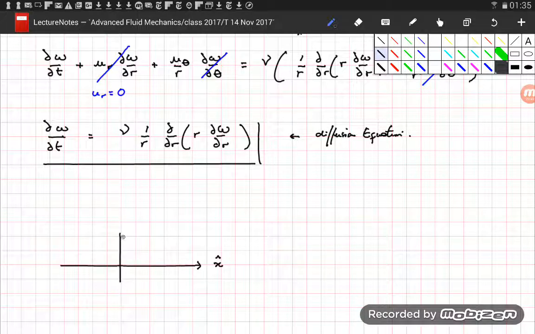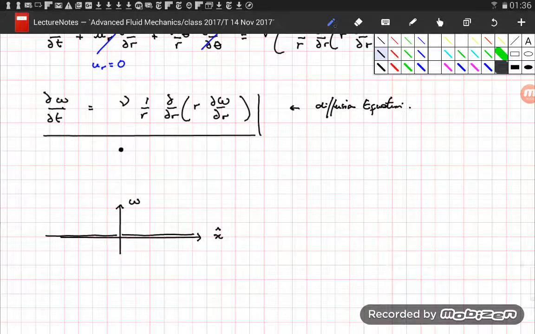So here I'm plotting the vorticity, and at time equals 0, the vorticity really is equal to 0 everywhere except at the origin, where I'm going to put the point here, but really it's at infinity. We have an infinite amount of vorticity.